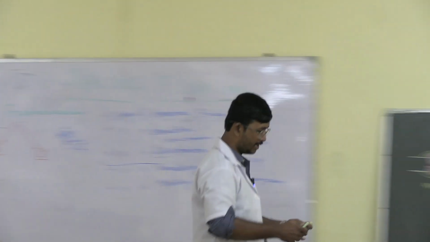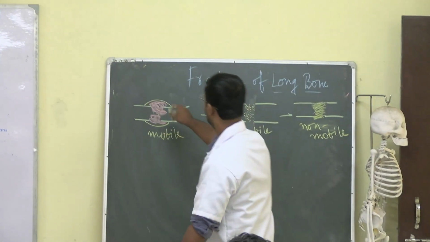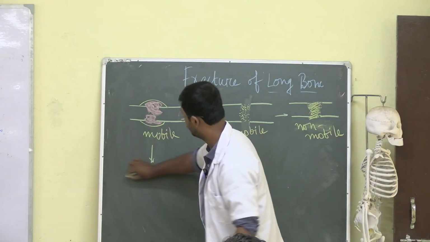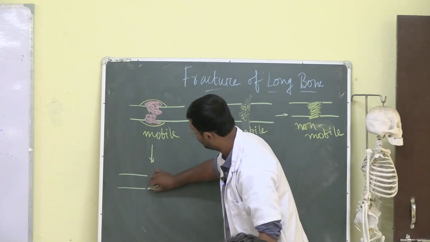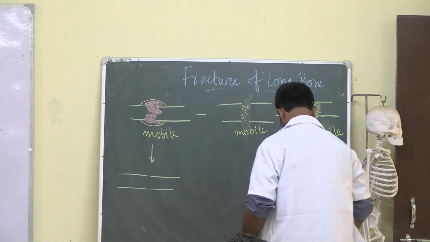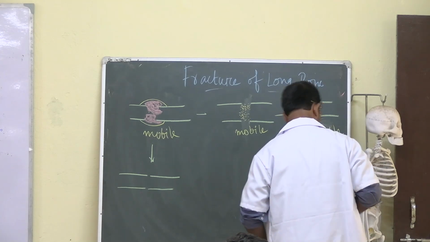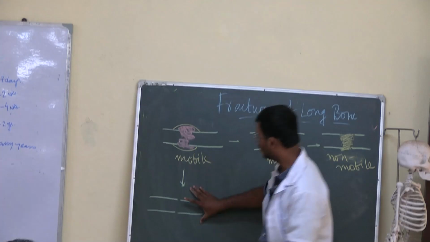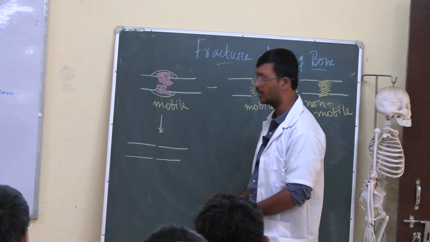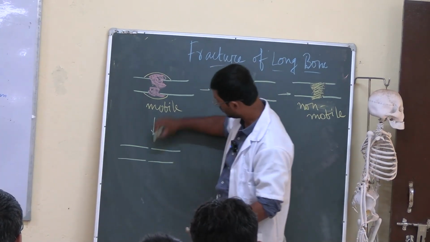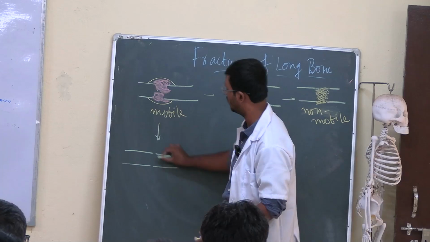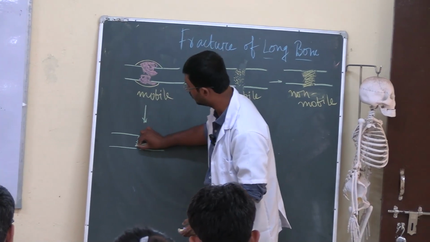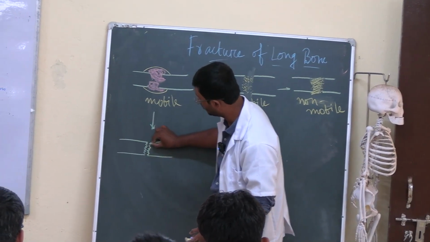So the orthopedician clears the hematoma, but these parts are still broken, though the hematoma is cleared.